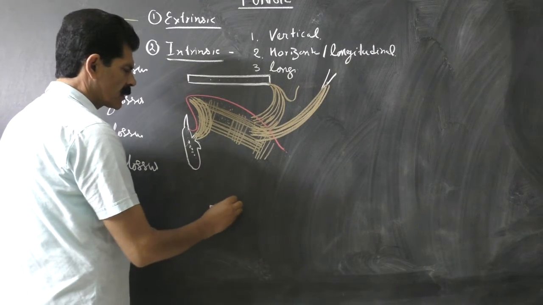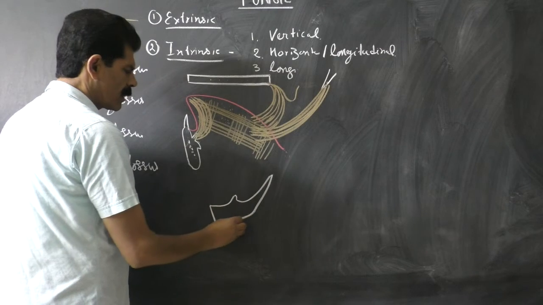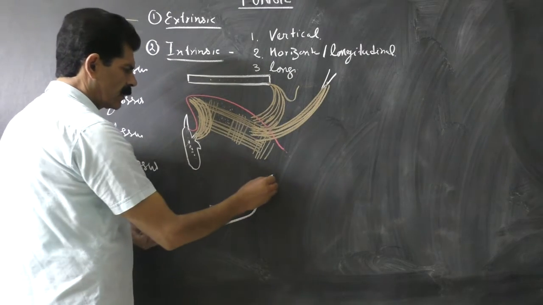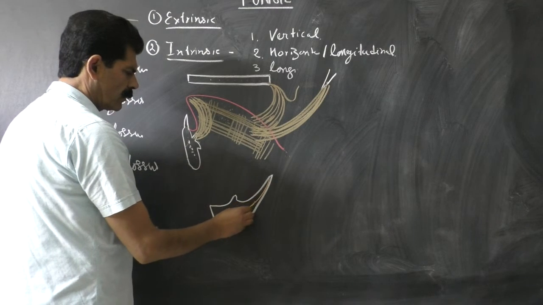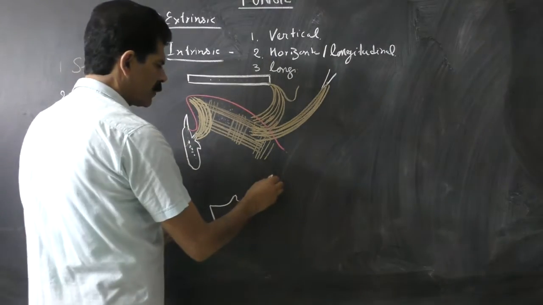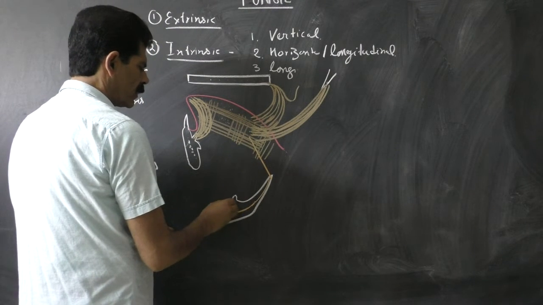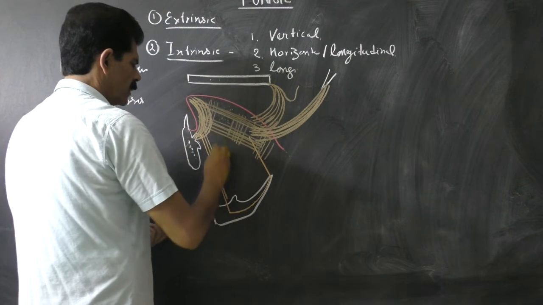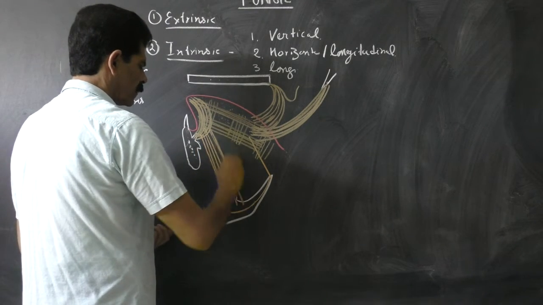The hyoglossus muscle, as the name suggests, hyo means it takes origin from the hyoid bone. So it takes origin from the greater cornu of the hyoid bone and to some extent the body of the hyoid bone. It is a quadrilateral muscle that runs obliquely upward, and it is inserted on the side or the lateral part of the tongue.